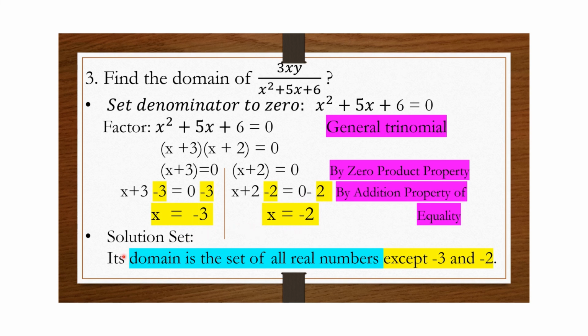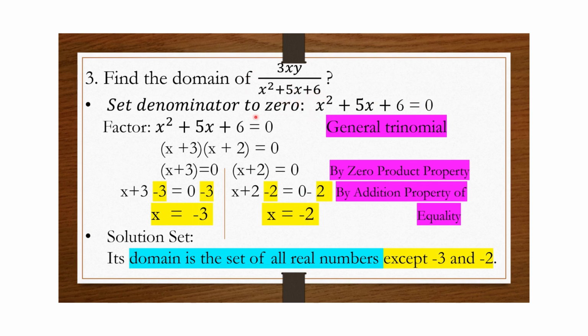Alright? Therefore, our solution set will be, its domain is the set of all real numbers except, what are the exceptions? That's x equals negative 3 and x equals negative 2. It is because when our x is negative 3, our denominator will become 0. When our x is negative 2, our denominator will become 0.